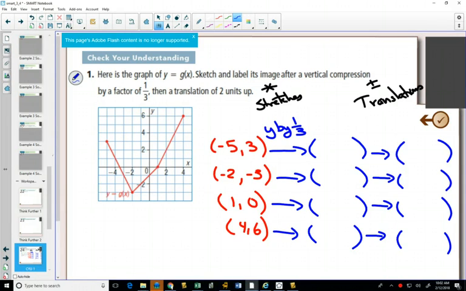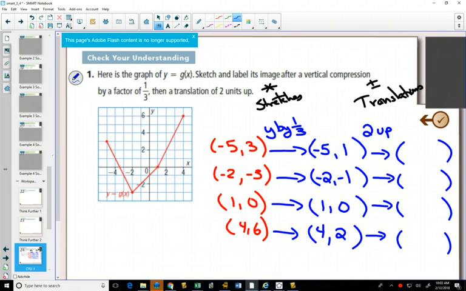And then the second arrow is where we have a translation. That's where we're going to go up. So we label those things separately. We can see where those points are going to go. Well, y by 1/3, this will become -5, 1, -2, -1, 1, 0, 4, 2. So we've multiplied each of our y coordinates by 1/3.